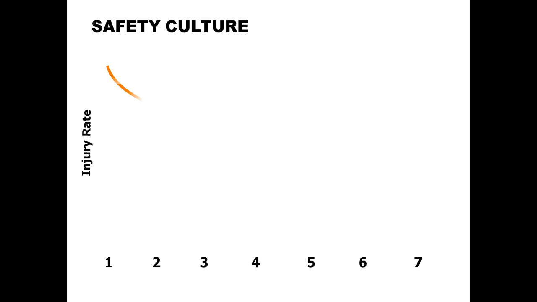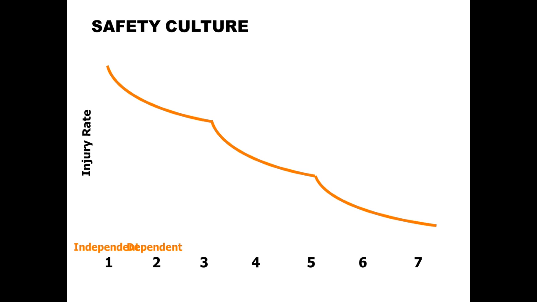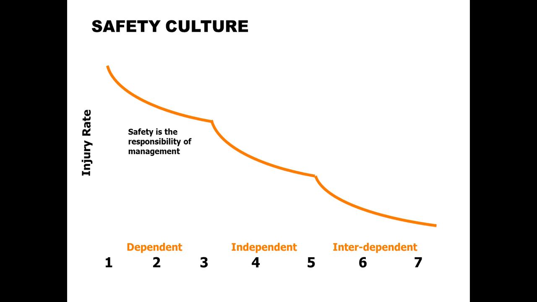The next thing is to look at safety culture. As you see on the screen, we're looking at our injury rate, but on the bottom are the 3 stages we look at for safety culture: the dependent stage, the independent stage, and the interdependent stage. The dependent stage typically is where safety is the responsibility of management, and there's little employee involvement.